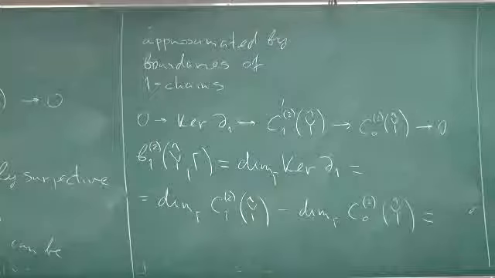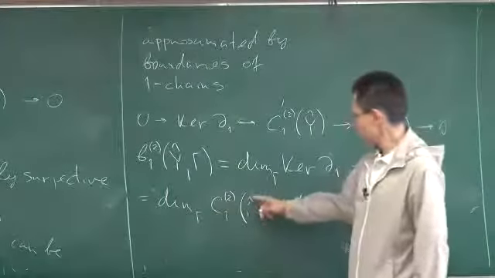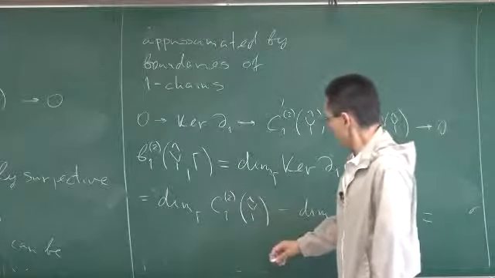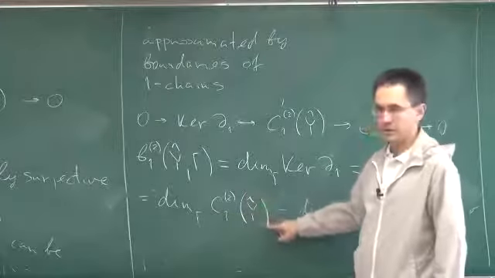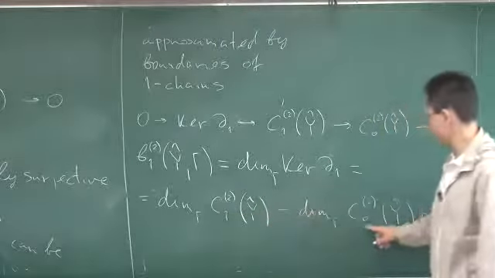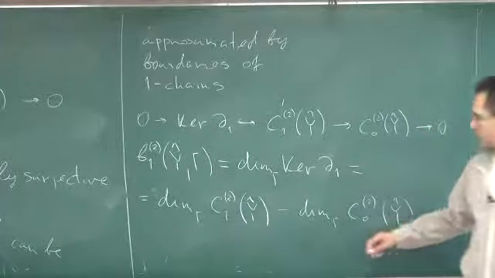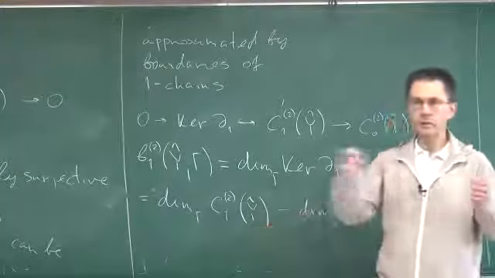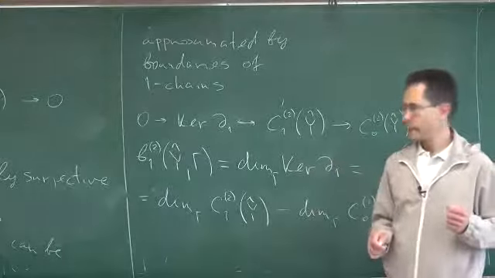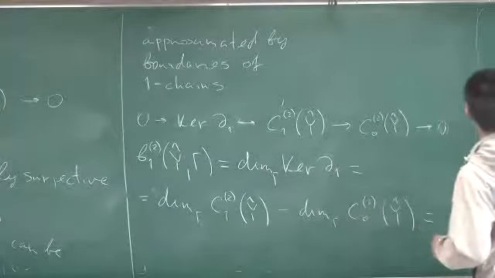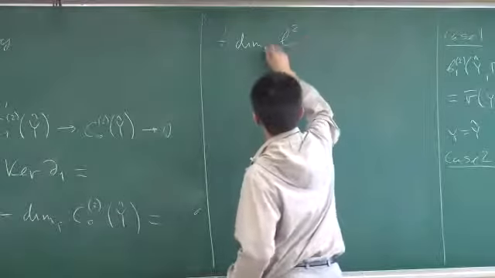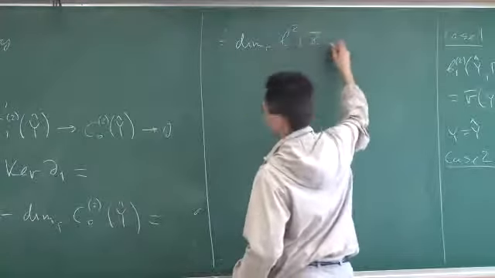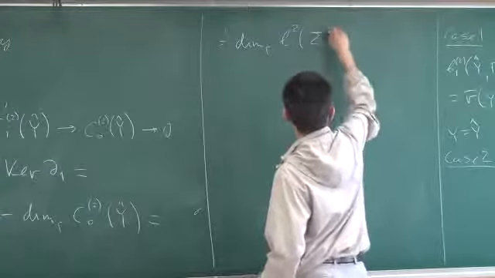Okay, what is this? We consider this is L2 on the edges, and this is L2 on the vertices. But what's the set of edges? The set of edges is split into orbits. And so this is the dimension of L2 over sigma 1 of y hat.